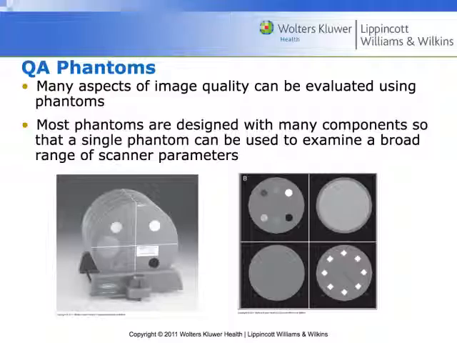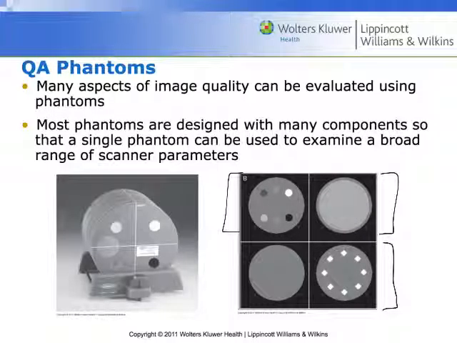Here's an example of what a QA phantom looks like, and as I indicated in our last discussion, they have different kinds of components inside of them that can be measured. For example, this component down here in the lower right hand corner may be what they use for the spatial frequency test, to make sure it can distinguish between different line sets, whereas this up here might be used for contrast.